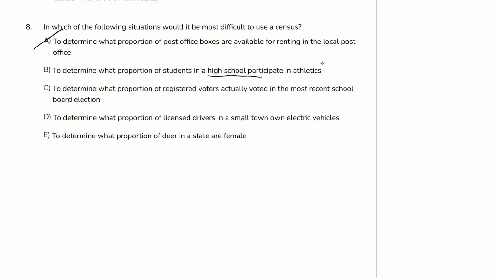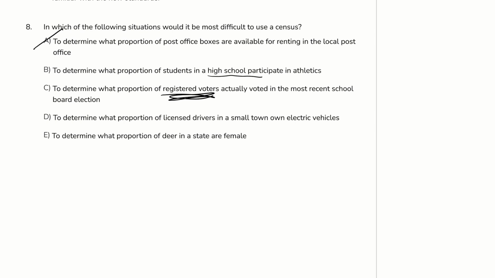To determine what proportion of registered voters actually voted in the most recent school board election. Okay, so again, that's a little bit on the difficult side, but remember, you're looking at what proportion of registered voters. So it's not like you're looking at every single person. You're just looking at those who are registered, which will still be a lot, right?